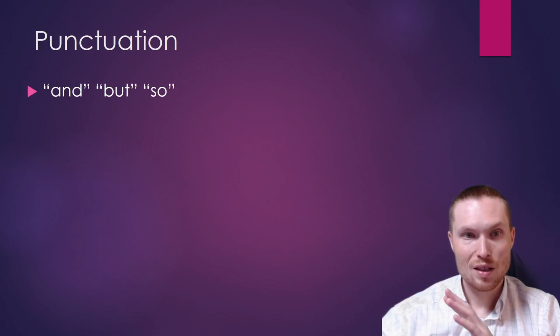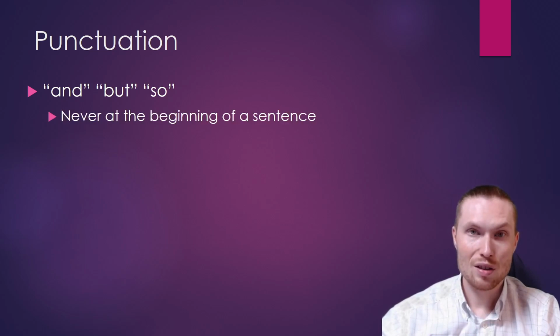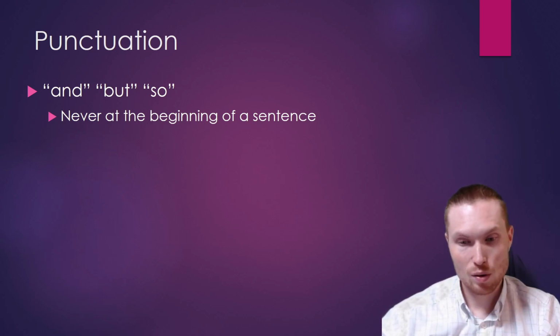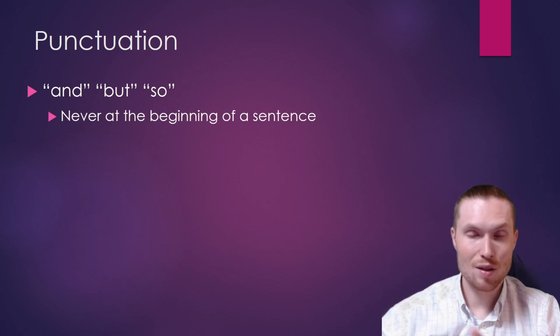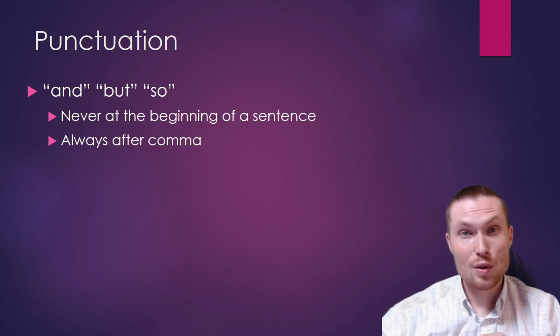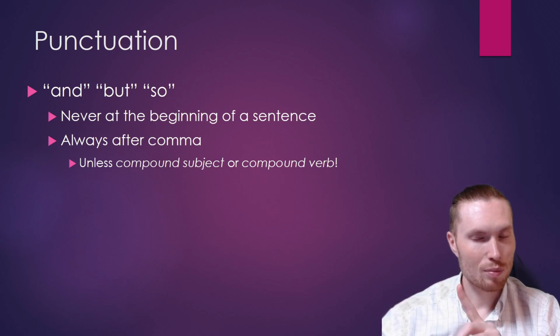Many students have problems with punctuation, especially with and, but, and so. Remember, you should never put these at the beginning of a sentence in formal writing. Again, when you're speaking or writing something for a friend, it doesn't matter. But if it's an important document, then it does matter. And always remember to put a comma before these words. However, be careful.